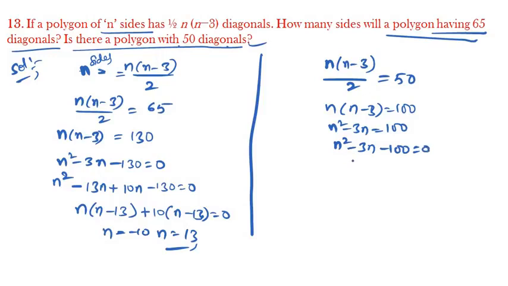There is no real value that will come here, because the factors of 100 do not work. So there can't be a polygon with 50 diagonals.